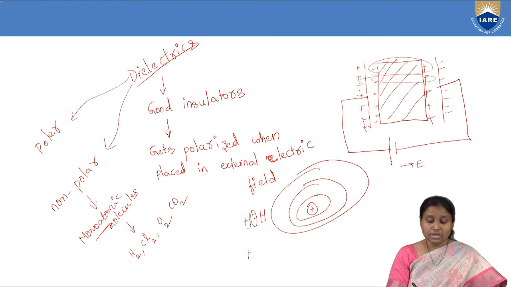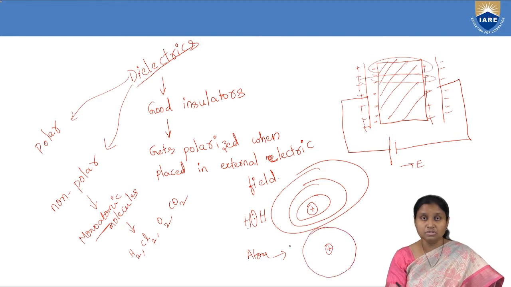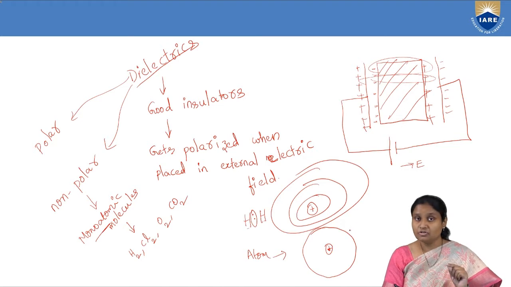So when we talk about an atom, we take it as a positively charged nucleus with a spherical electron cloud, and because the centers of the positively charged nucleus and the spherical electron cloud are at the same point, we say that there is no separation of charges, because the center of gravity of positive charge and the center of gravity of negative charge occur at the same point.